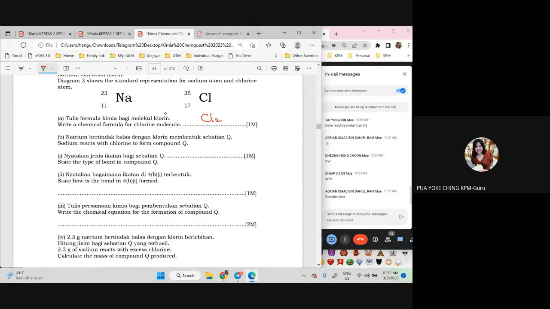Na reacts with chlorine to form Q. Write the type of bond in Q. This is metal, this is non-metal, so the bond is ionic bond. How about the answer of 2?